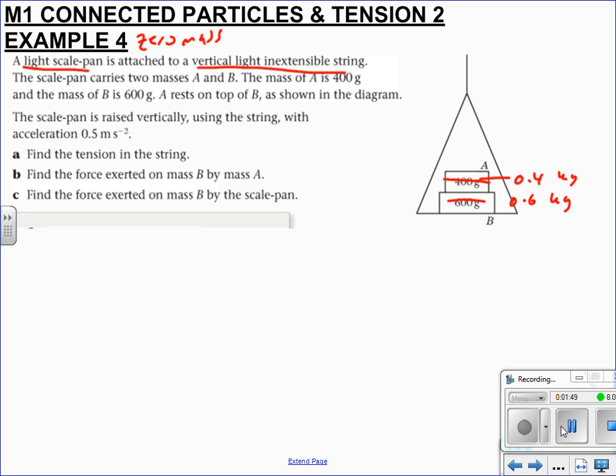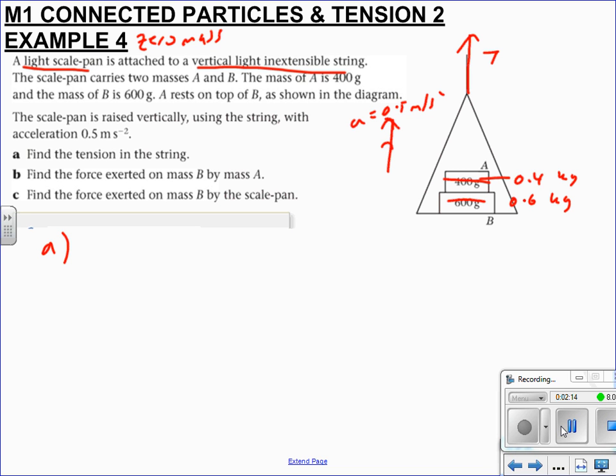So it's raised vertically, so everything's accelerating with 0.5 meters per second squared. And it asks us to find the tension in the string. You can see here on the diagram that this has a tension. But what isn't clear straight away is, what is the question asking?